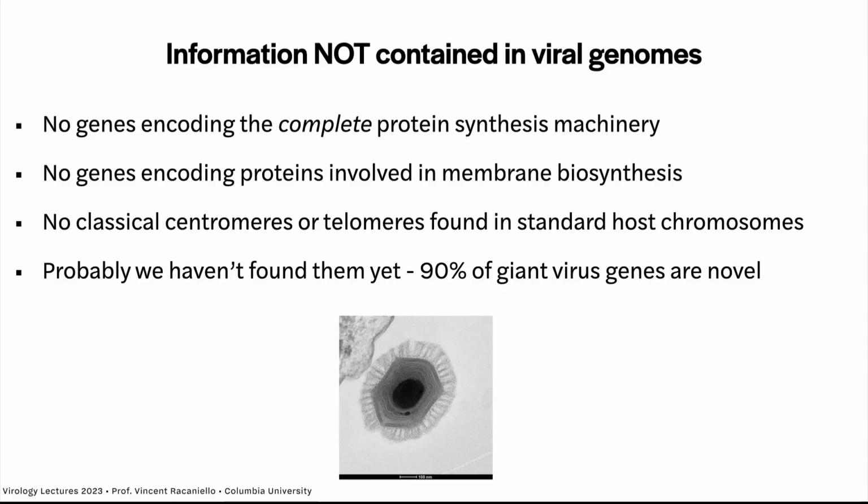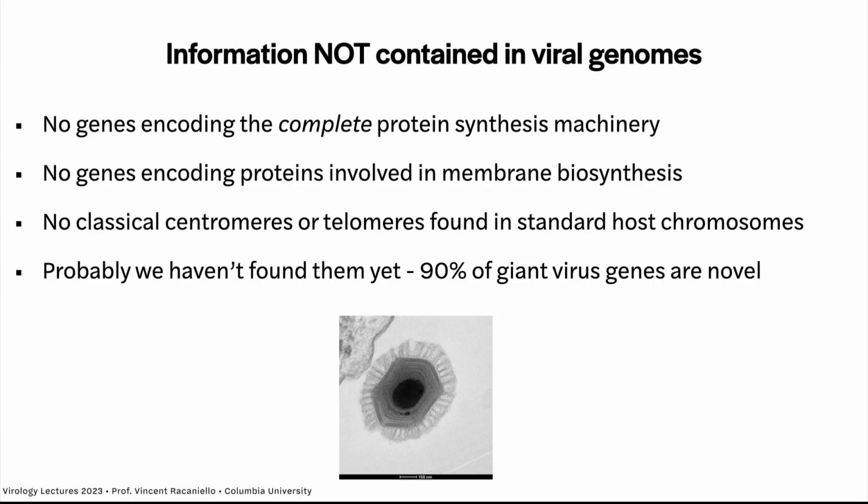Well, what don't we find encoded in a genome? That's also telling. There are no genes encoding the complete protein synthesis machinery, as we've just said. No genes encoding proteins involved in membrane biosynthesis. But I'll bet they're out there and we just haven't found them. This list used to be longer years ago in this course, and one by one, I take them off as we find these genes in viral genomes.